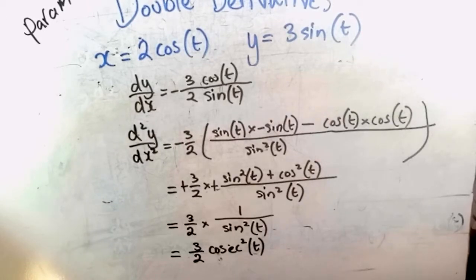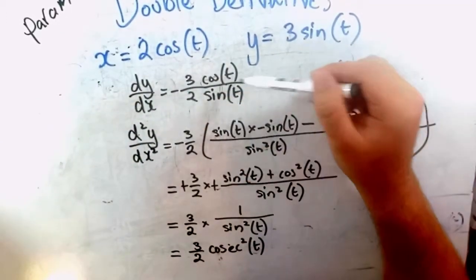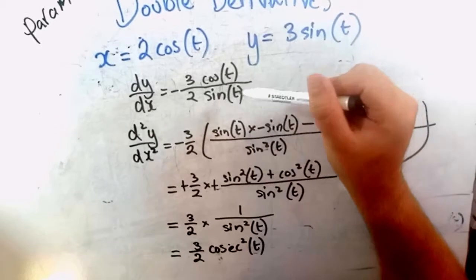That's not what I got last time I did this. Ah, what am I doing? Oh, of course. This is why I'm getting it wrong. This is dy/dx, but I've taken a derivative with respect to t, right?